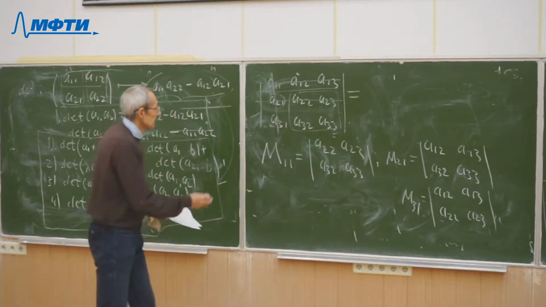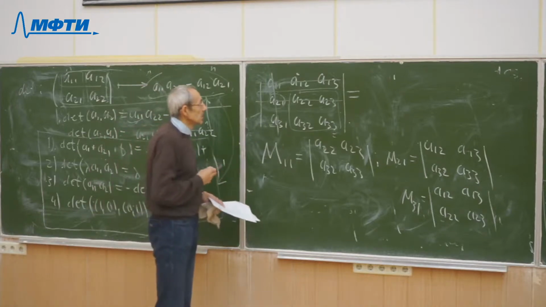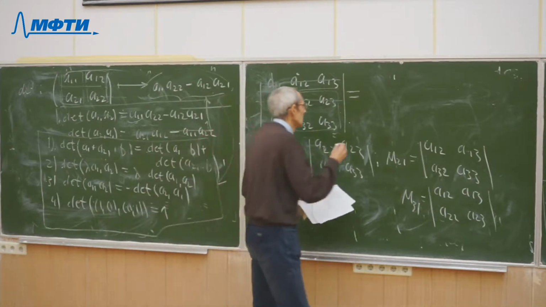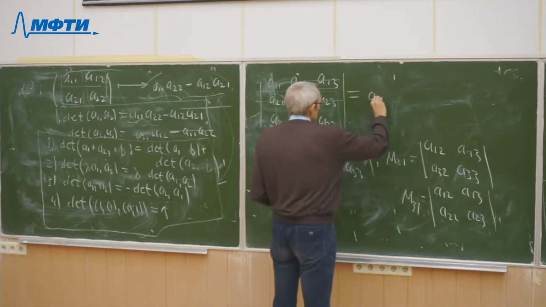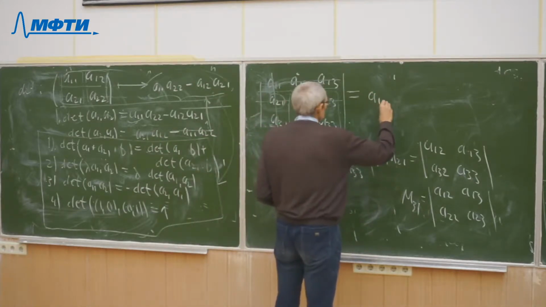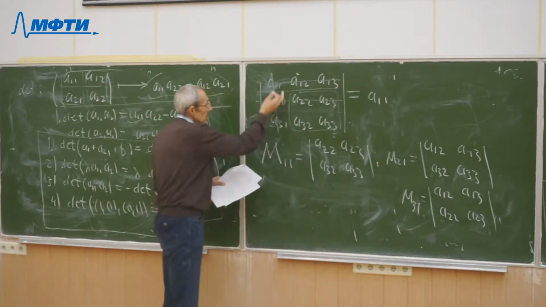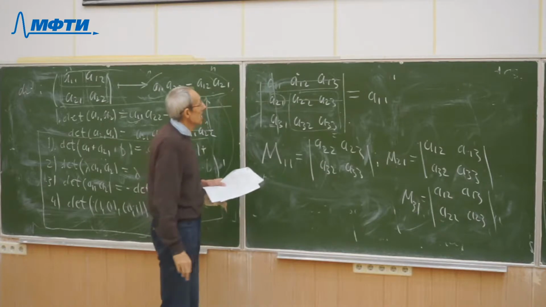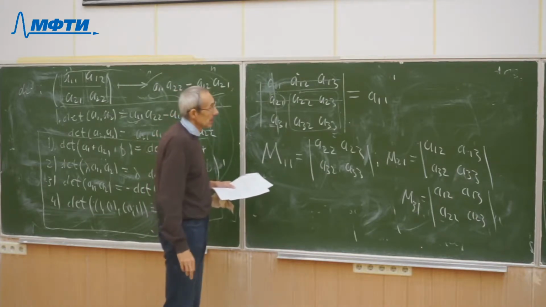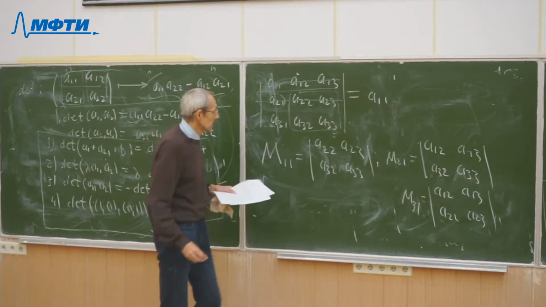We define the determinant of the three by three matrix by the sum of products of the elements of the first column by their corresponding minors.